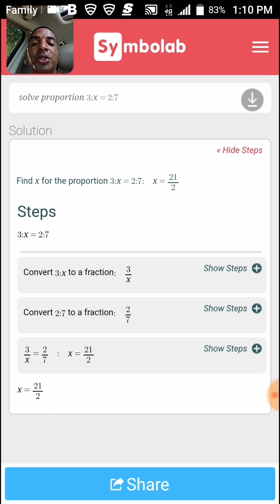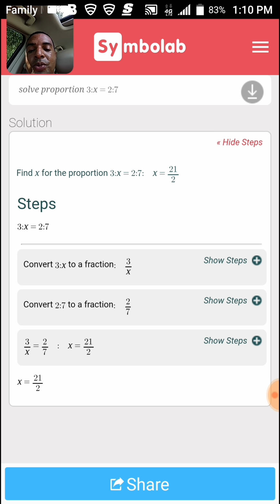Find x for the proportion 3 to x equals 2 to 7. x equals 21 over 2. Here are the steps. We have our ratios, and we convert these by turning the horizontal into vertical. 3 to x is the same thing as 3 over x, and 2 to 7 is the same thing as 2 over 7. So we have 3 over x equals 2 over 7, and it becomes x equals 21 over 2.